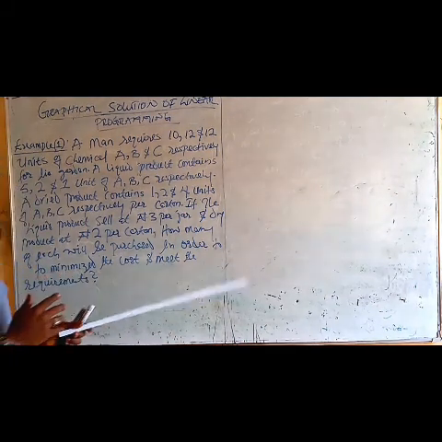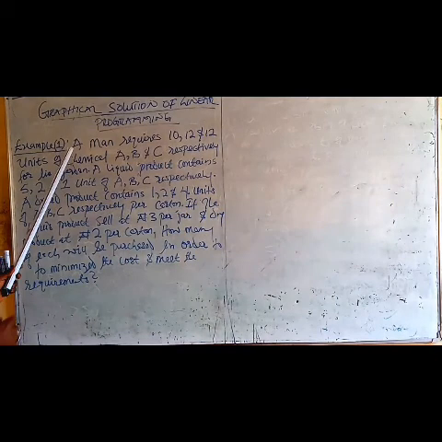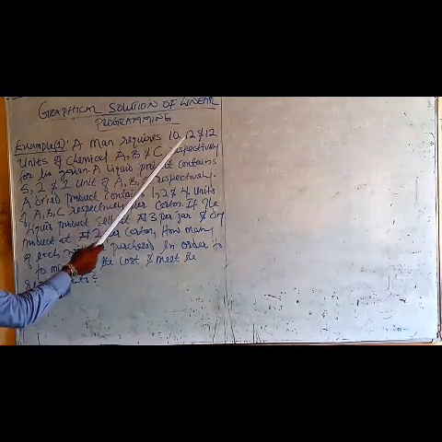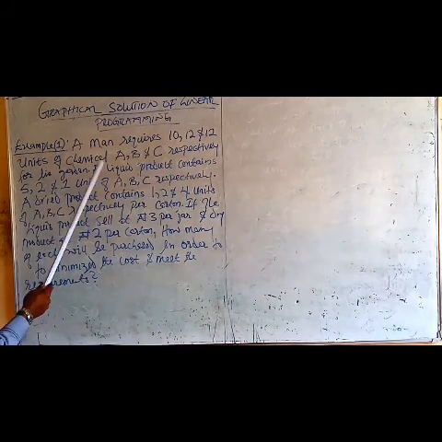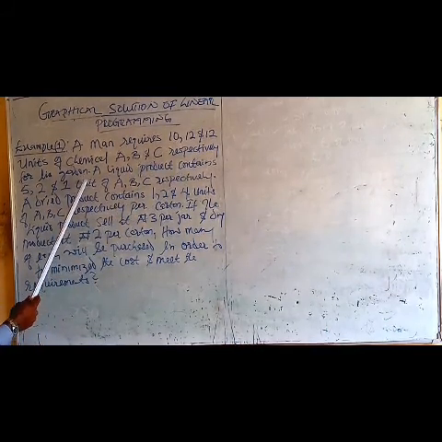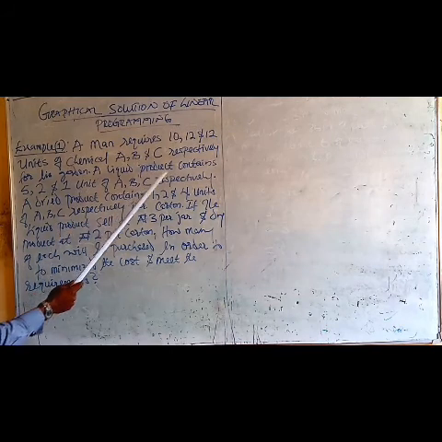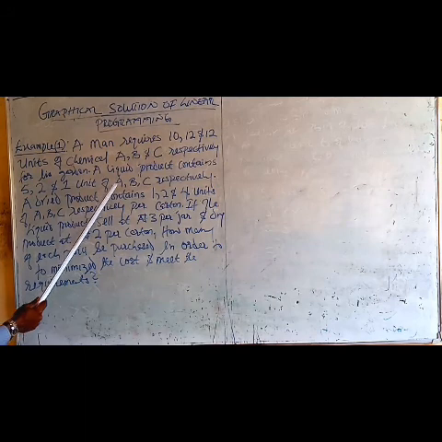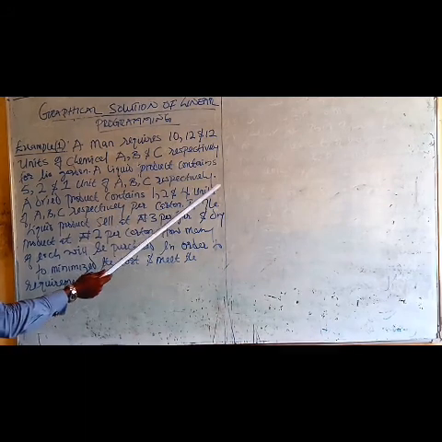Here is an example which stated that a man requires 10, 12 and 12 units of chemical A, B and C respectively for his garden. A liquid product contains 5, 2 and 1 unit of A, B, C respectively.